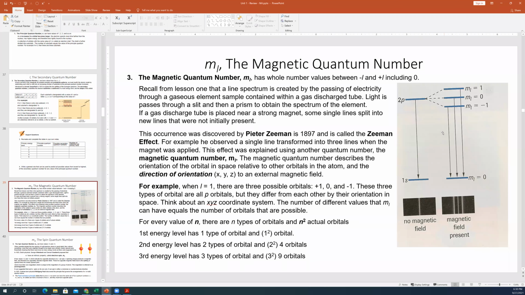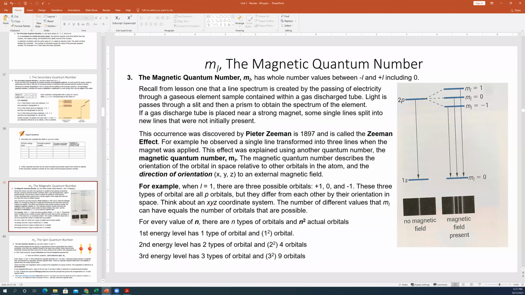They could see this from the line spectra, where there was no magnetic field and where there was a magnetic field present, they could see more splitting. That was discovered by Zeeman, and it's known as the Zeeman effect.